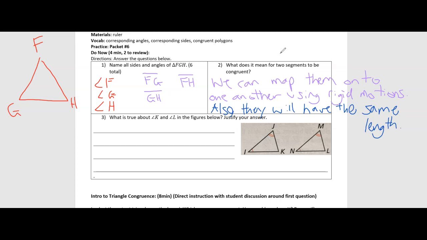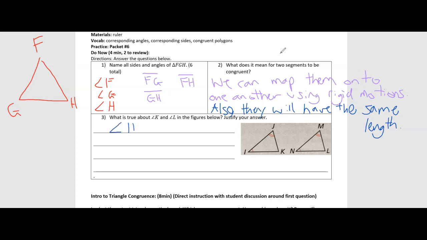All right, if we look at number 3, it says, what is true about angle K and angle L in the figures below? Justify your answer. Well, angle K and angle L are the angles without any tick mark, or without any arcs, but there are 2 other sets of angles in both triangles that are marked congruent. So we talked about this in a previous lesson, but if 2 sets of angles in 2 triangles are congruent, then the third set has to be congruent by the third angle theorem.